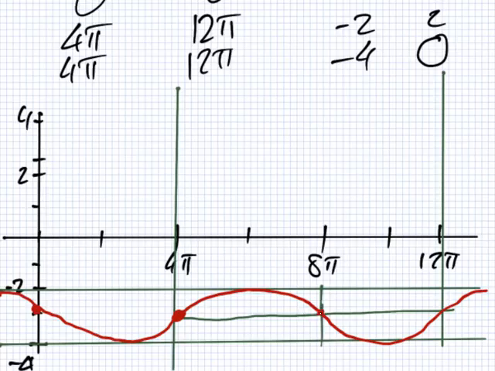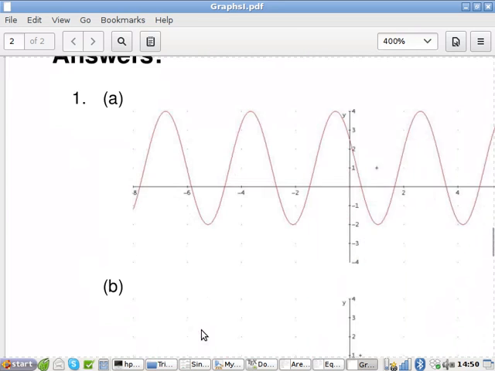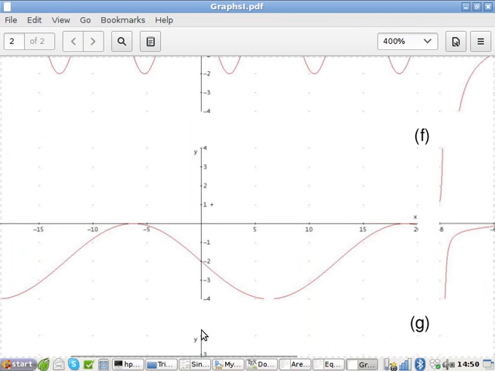So this is what it looks like here. This is the graph. And if I quickly flick to the answers for part B, you can see that's what I get. No, which one am I doing?